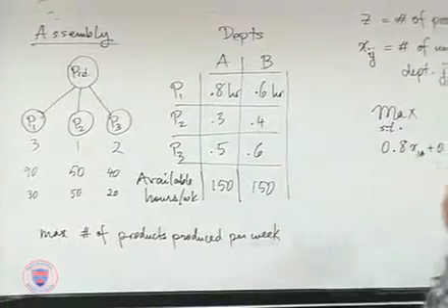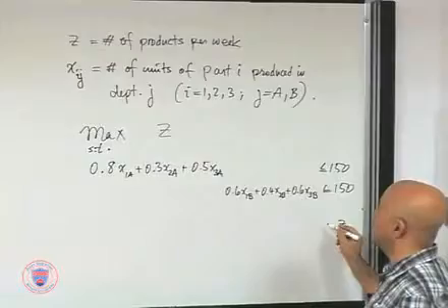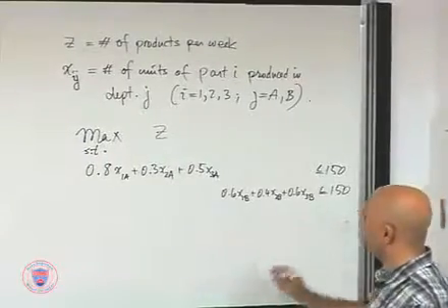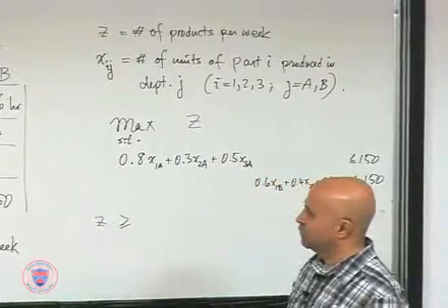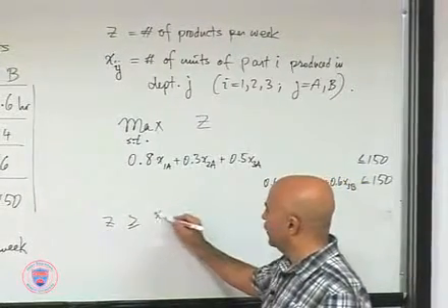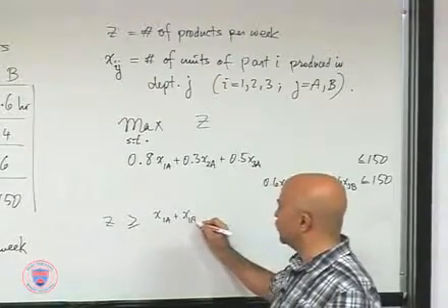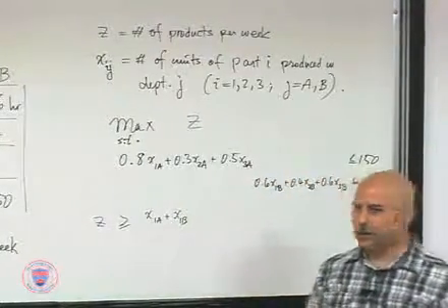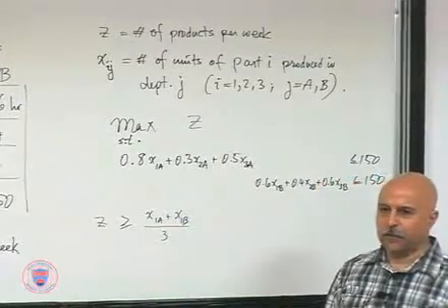So for that reason, I'm going to maximize z, where z is at most x1a plus x1b, which is the total number of units of part 1, divided by 3. Each 3 gives 1 unit of product.